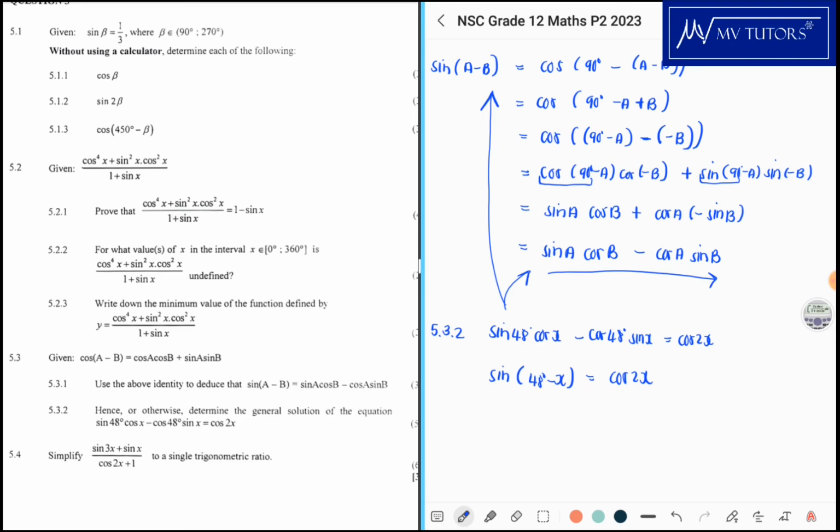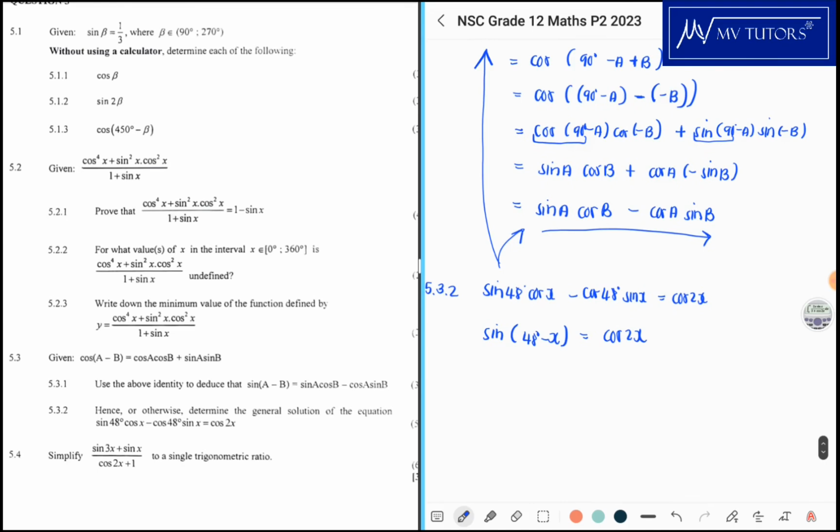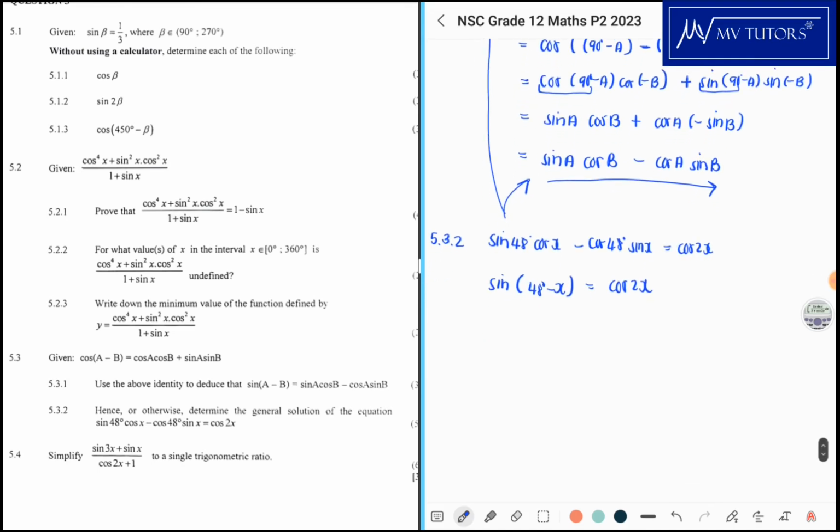If I need to get the general solution, I need to have either sine and sine or cos and cos. So what would be easy for me is actually to change this cos into a sine. Then it becomes sine of 90 minus 2x.